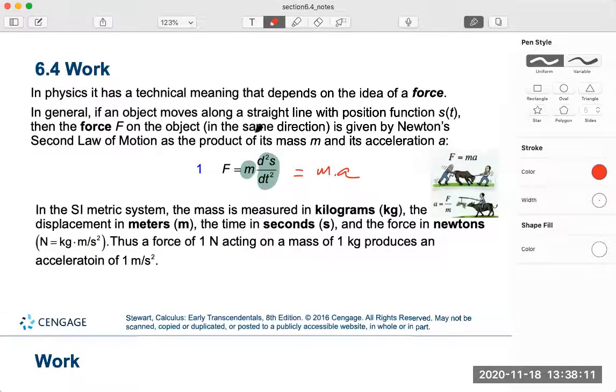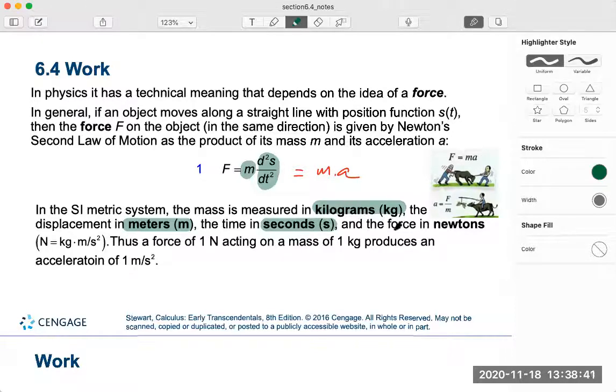So the unit of the force: we use kg for the weight, kilogram, and the displacement we use in meters. The time is in seconds.